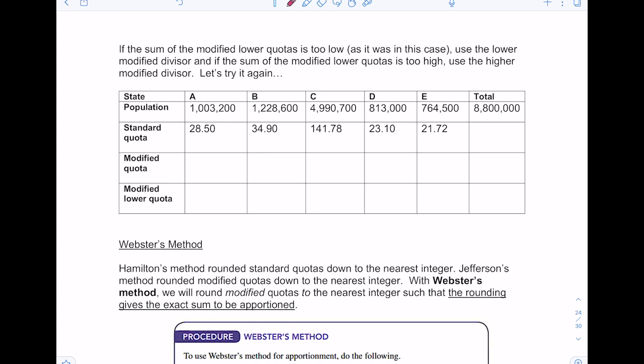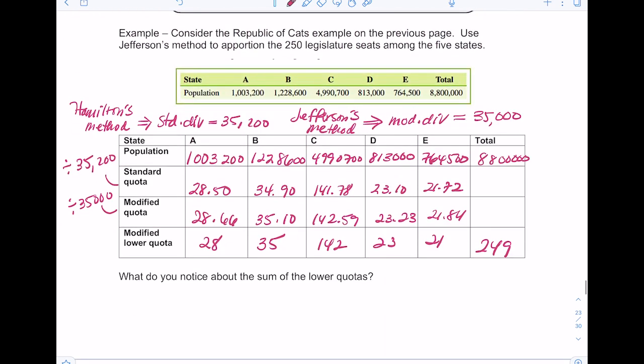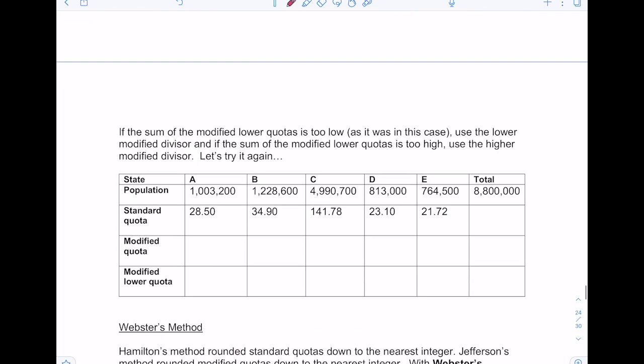Okay, so what we mean by that is 35,000 was basically too high of a divisor for us to use. So instead, we're going to try like 34,900 instead. Okay, maybe I'll get rid of that.